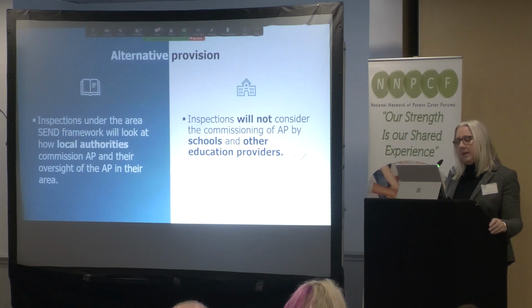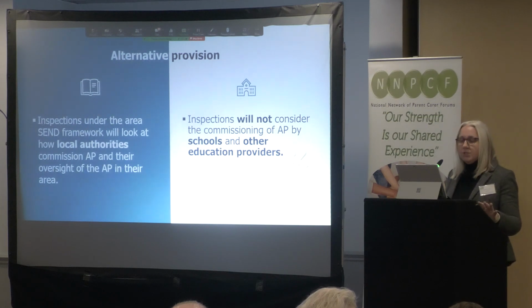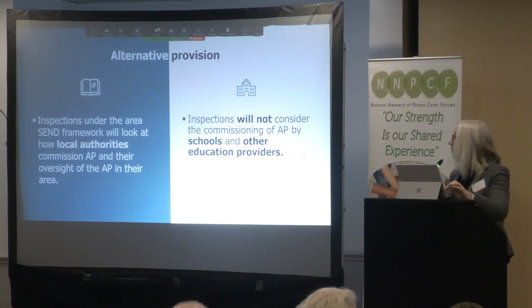But just to be clear, this is where the local authorities are commissioning that alternative provision. We recognise that many schools and providers commission provision themselves, and that will be picked up under the education inspection framework of those individual institutions. This is where local authorities are commissioning that alternative provision.